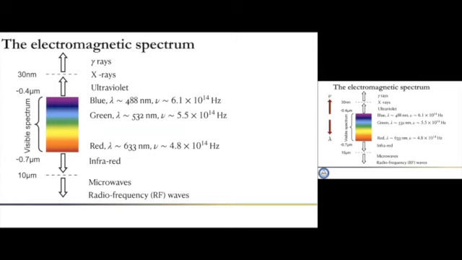So these electromagnetic waves form a spectrum all the way from gamma rays, which have extremely short wavelengths, below tens of nanometers. Those are typically emitted in nuclear reactions.